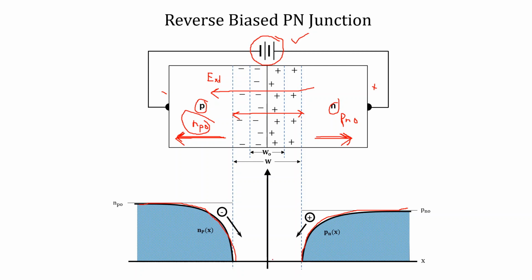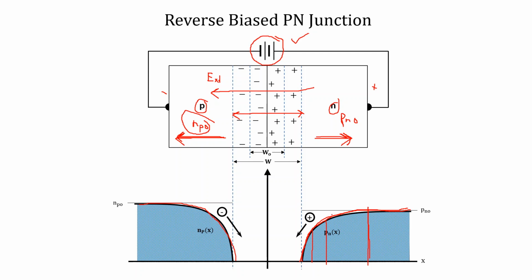So what happens now is that, as you can see, there is a gradient in density. Here the density of minority charge carriers is very high, and here the density is lower, and here further lower, and so on.